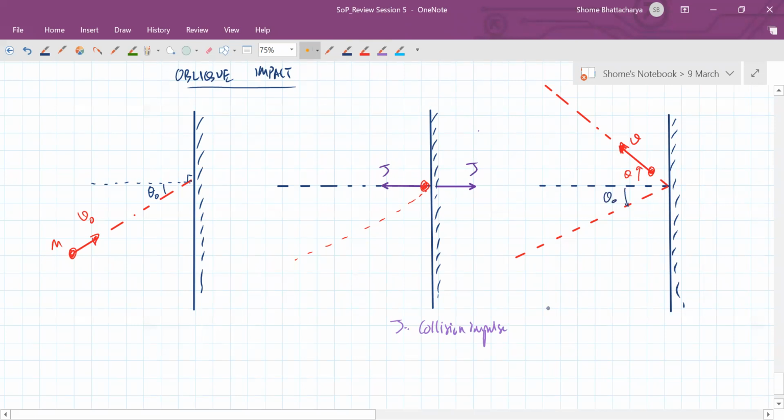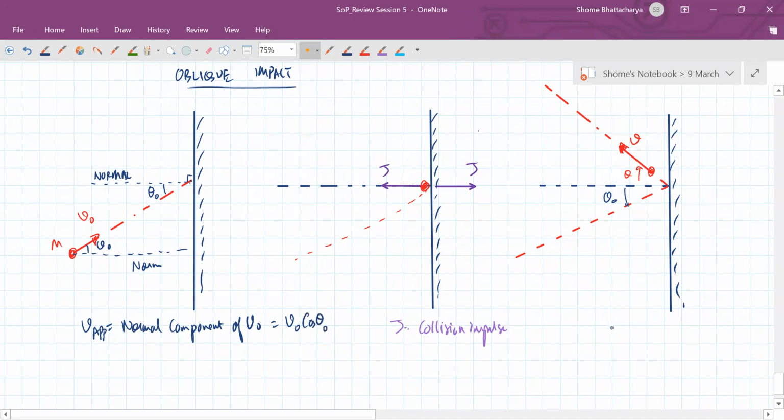Now we can see that the approach velocity is nothing but the normal component of v naught, so that is equal to v naught cos theta naught.